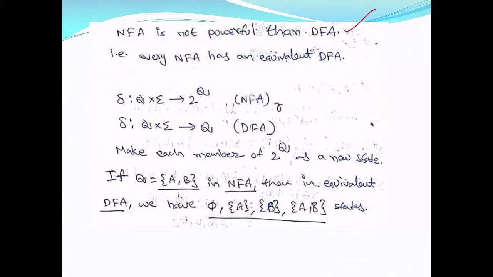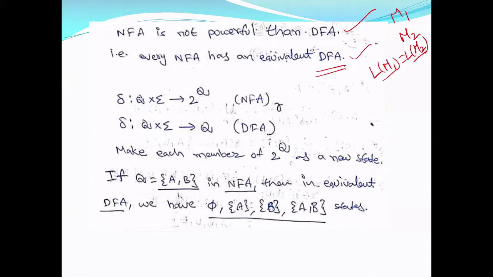That means if you are able to design an NFA, then you can design an equivalent DFA for the same language. Suppose M1 is an NFA and M2 is a DFA, then M1 and M2 may be equivalent. That means for every language that is recognized by an NFA, there is a corresponding DFA. Then how do we find the equivalent DFA?